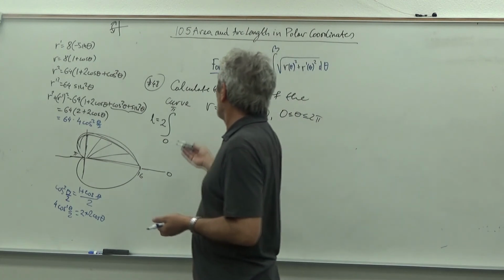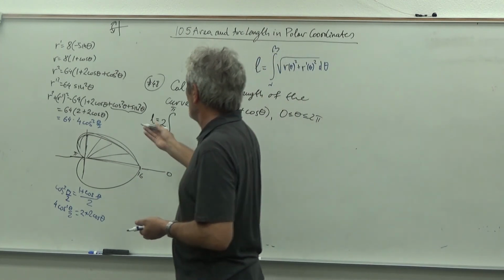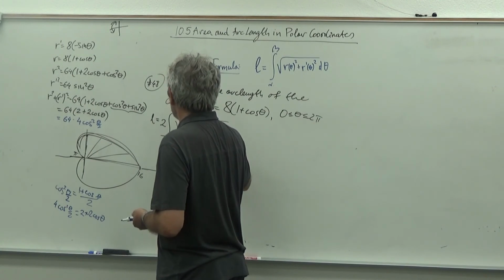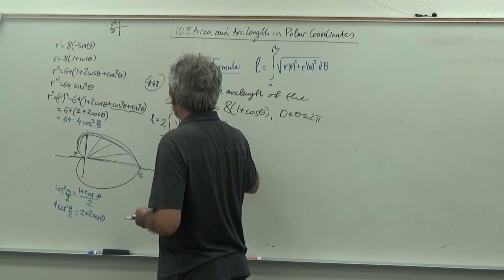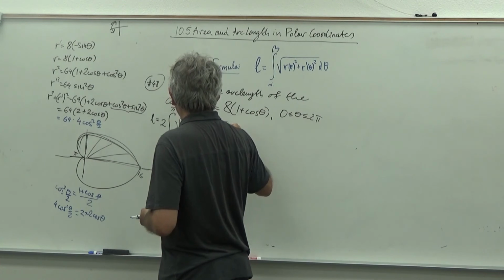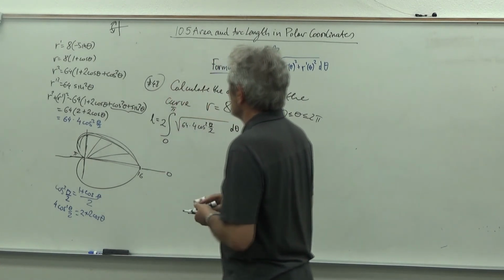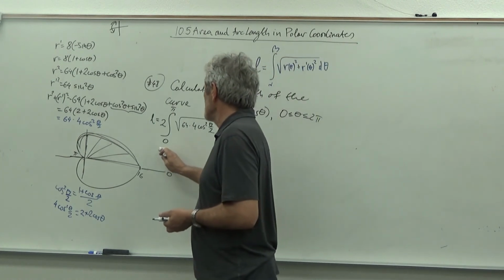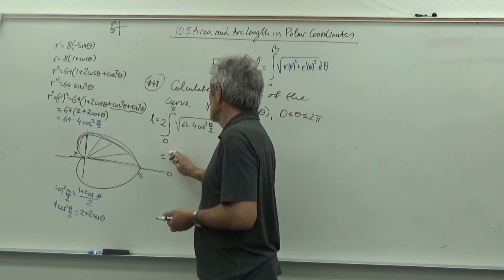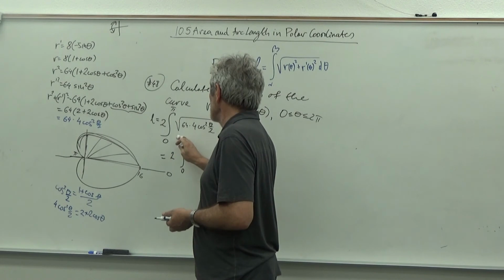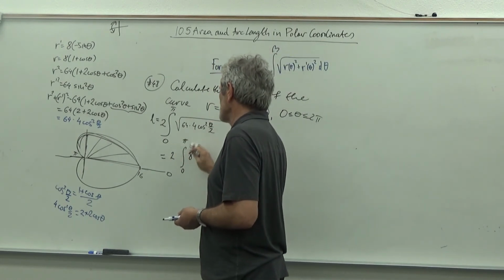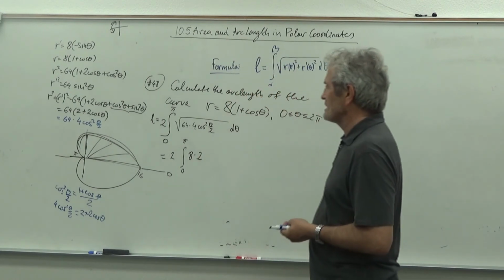Then I'll just go to the formula and put this expression under the square root, 64 times 4 cosine squared theta half, and here is d theta. This is 2 times the integral between 0 and pi. The square root of 64 is 8, the square root of 4 is 2, that's why we multiply them.